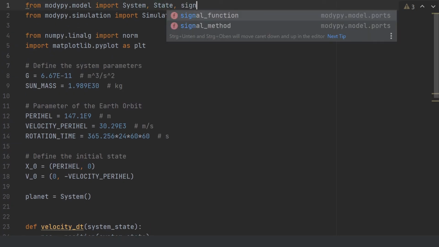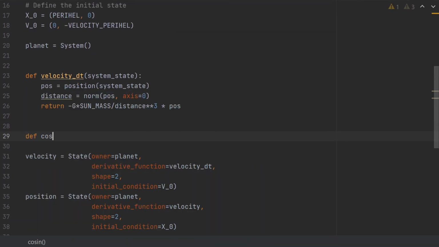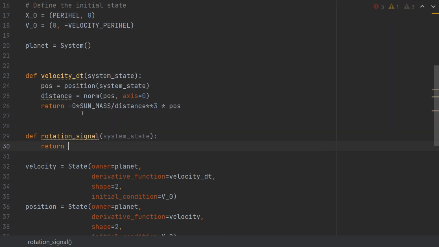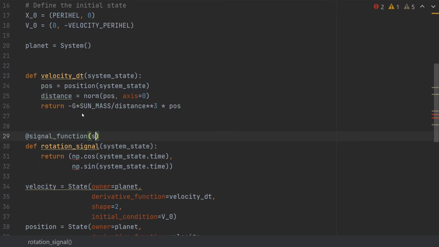When you have the signal function decorator and you define some signal, for example, returning the cosine and sine as a vector over time, you can say signal function shape equals 2, so that is a two-dimensional signal.